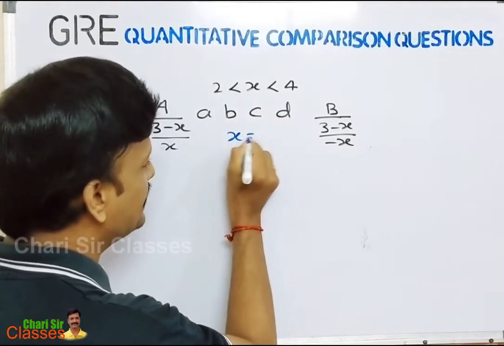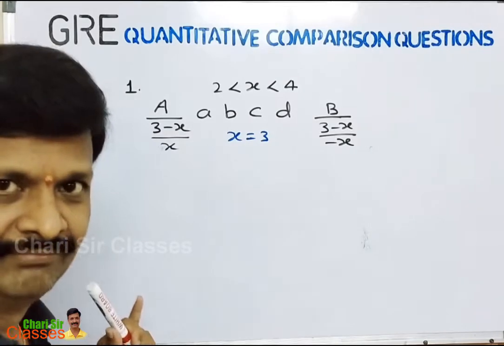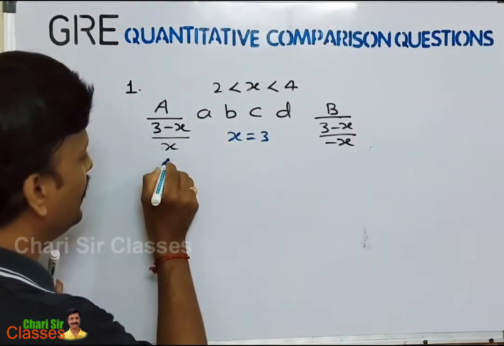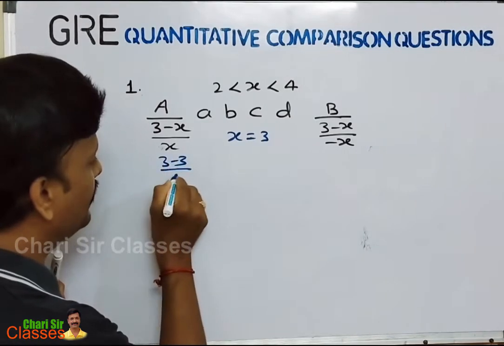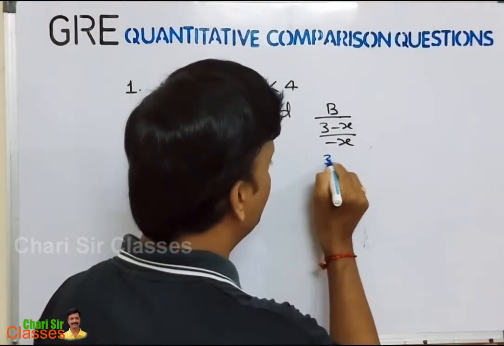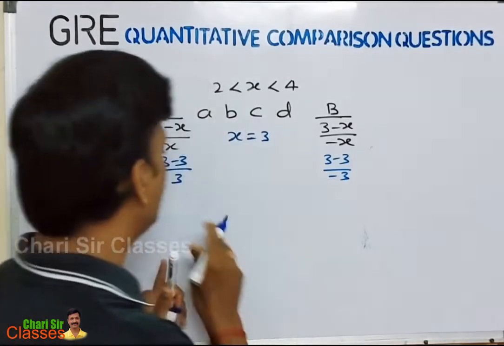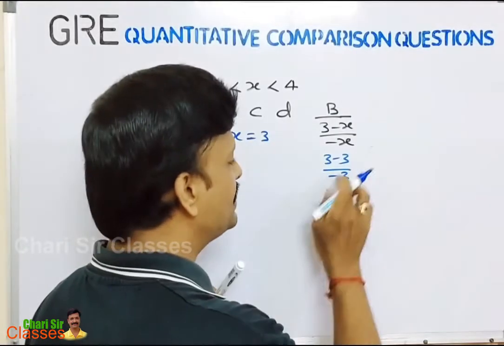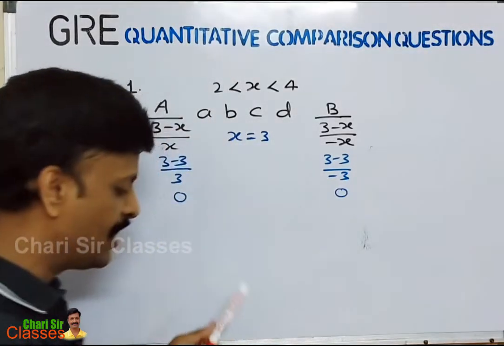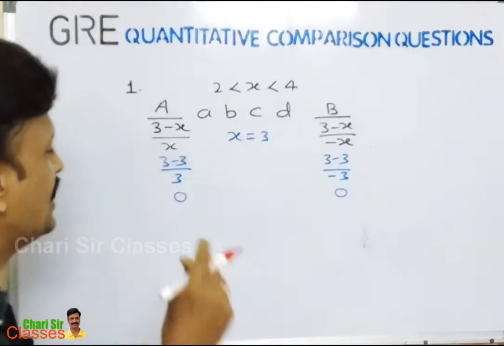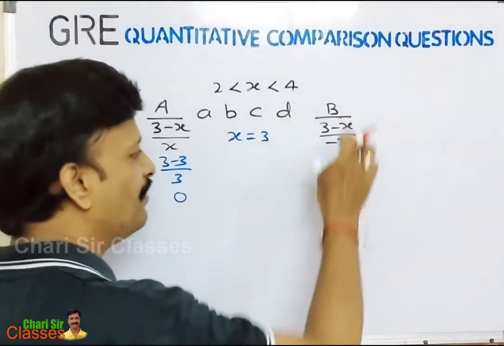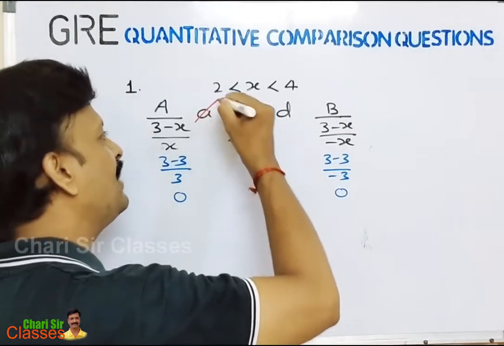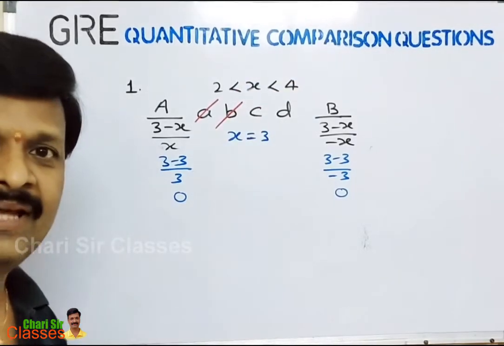If I take x equal to 3, then 3 minus 3 is 0, 0 by 3 is 0, and 3 minus 3 by minus 3 is also 0. Now you can compare the quantities. Quantity A is 0, quantity B is 0, meaning the two quantities are equal. Then A can be eliminated and B also can be eliminated.